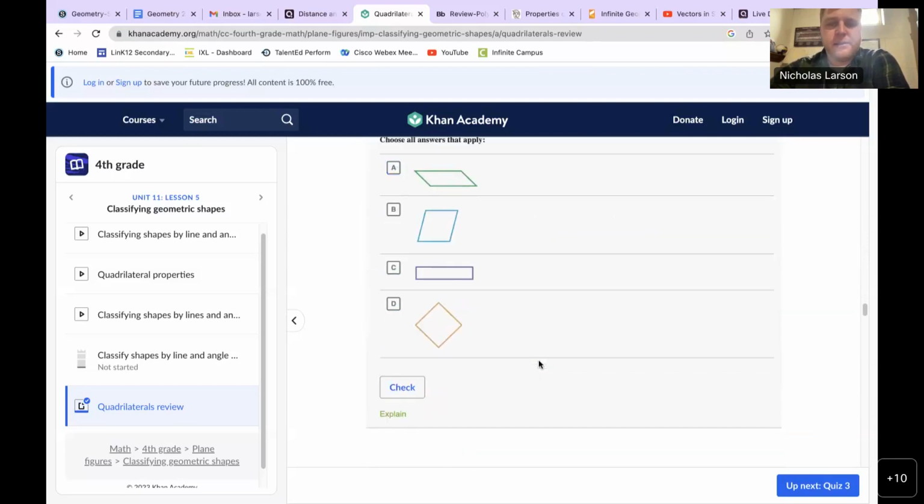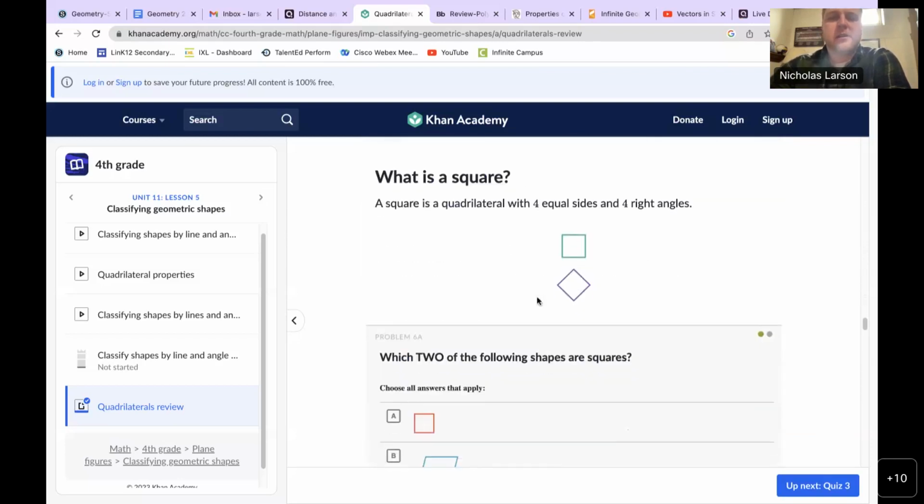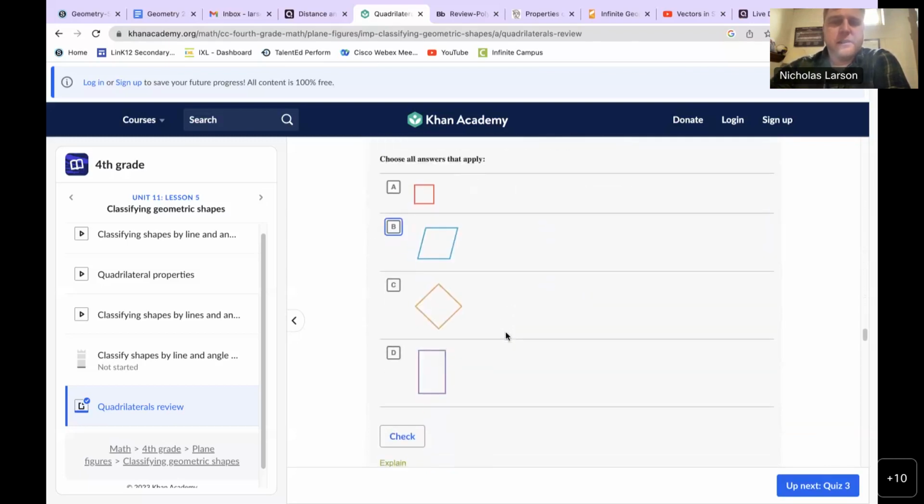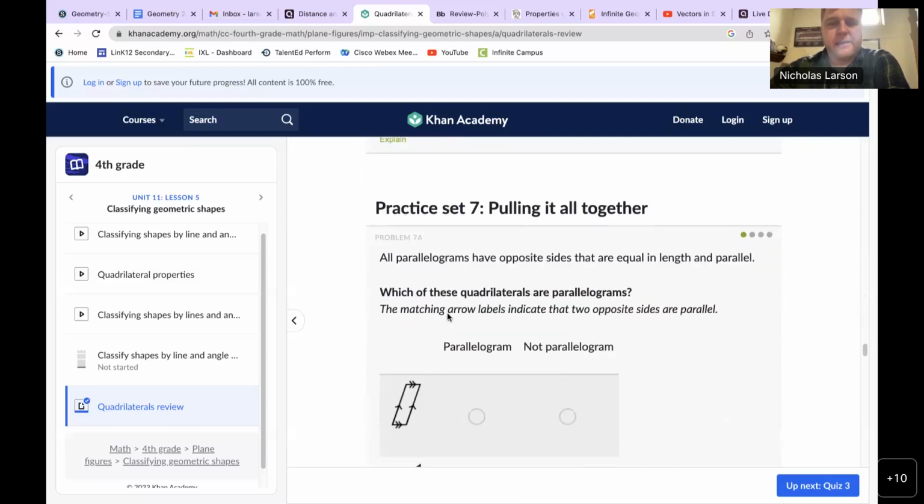Rhombus, perfect. What is a square? A square is a quadrilateral with 4 equal sides and 4 right angles. Which 2 of the following shapes are squares? We would like to see more examples, like right angles and congruence marks here, but it's going to be A and C.